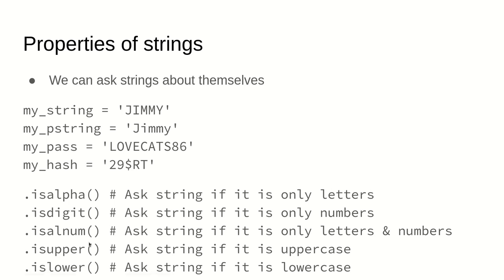And vice versa, my pstring has a combination of upper and lowercase characters, and therefore it would fail both of those checks. It would give false if I called myPstring.isUpper. It's not all uppercase. And myPstring.isLower would also return false because it is not all lowercase.